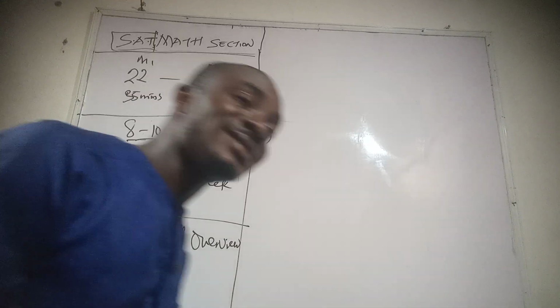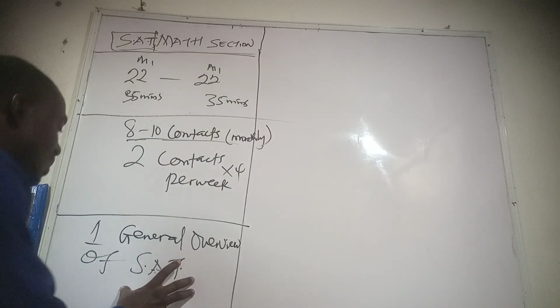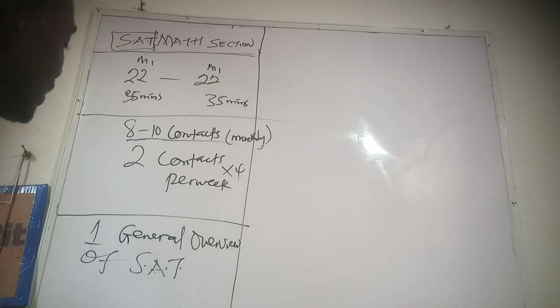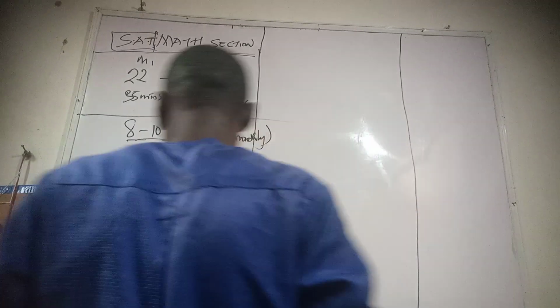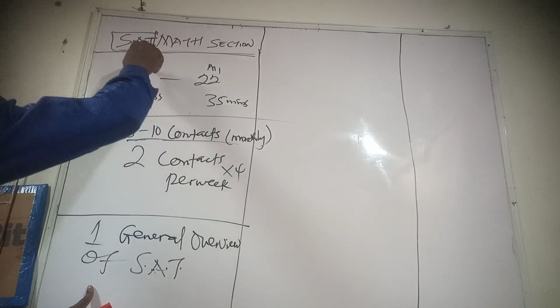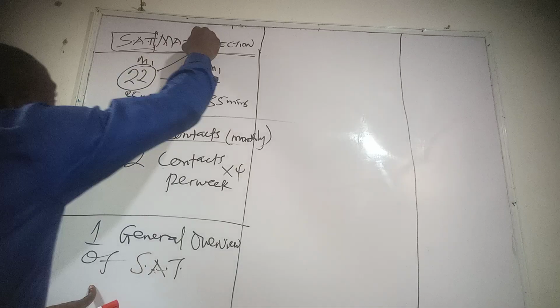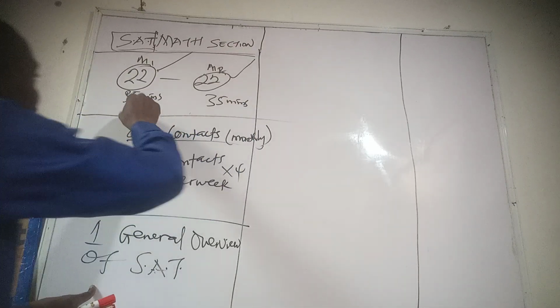You get to know it under the general overview. And then we move quickly to the topics involved under mathematics. Each of the mathematics sections contains 22 questions, both module 1 and module 2, and you are expected to spend 70 minutes for the 2 sections. So 35 minutes here, 35 minutes here.